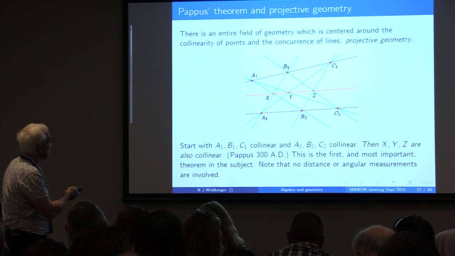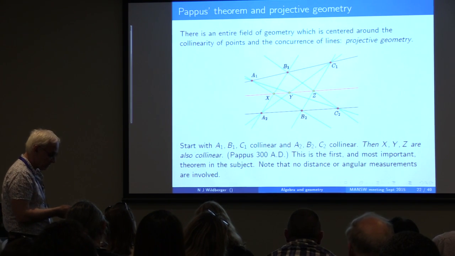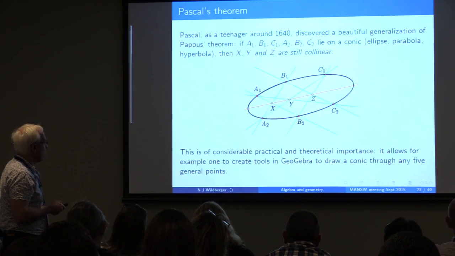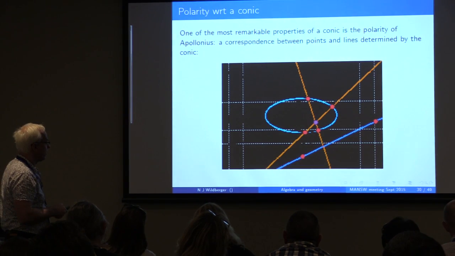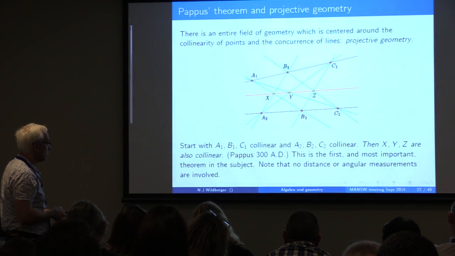So here is the first theorem in projective geometry, both historically and really in terms of logical importance. It's Pappus's theorem. Pappus lived around 300 AD or so.